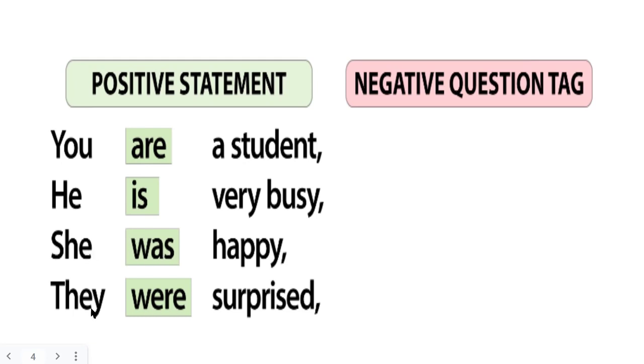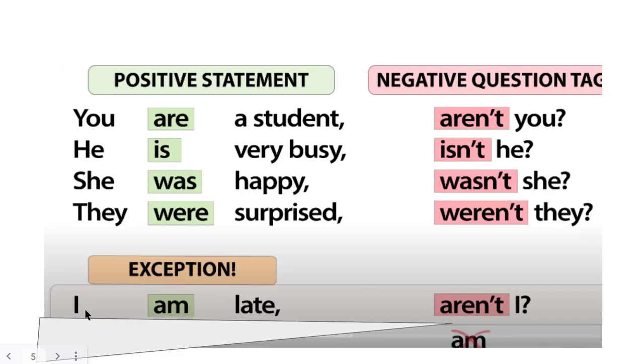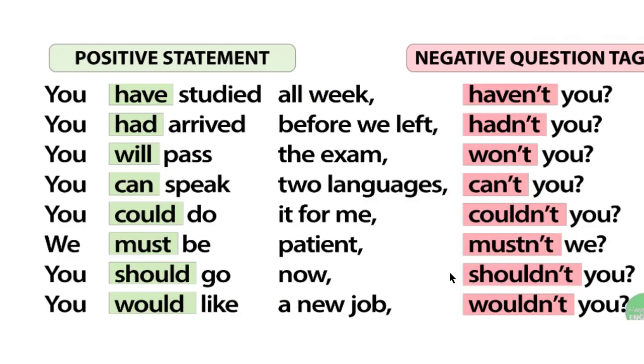Weren't they? Like this. There is an exception we can use: I'm late, aren't I? instead of am I. But it all depends: positive statement, negative tag, or the opposite.